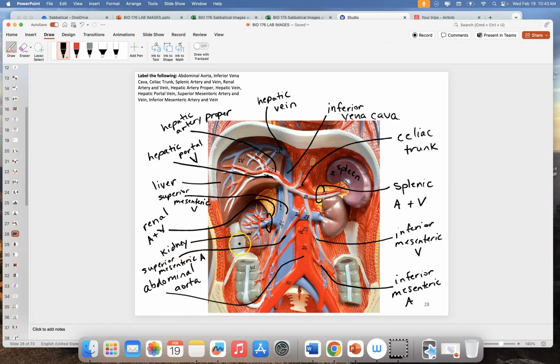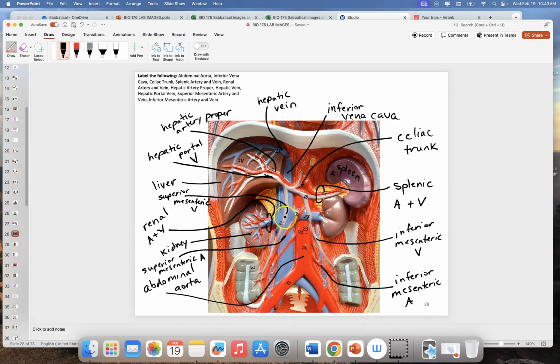One additional thing to note before we end is you may have noticed that some of these vessels do not have that same bluish color as the systemic veins. Remember, systemic veins are blue because they are going to have deoxygenated blood.